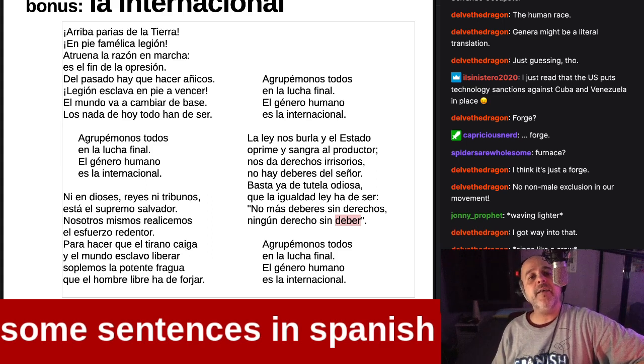Arriba parias de la tierra, en pie famélica legión, atruena la razón en marcha, es el fin de la opresión.